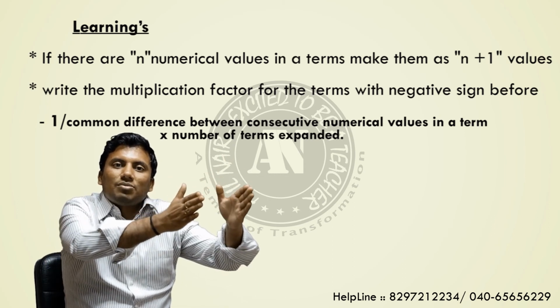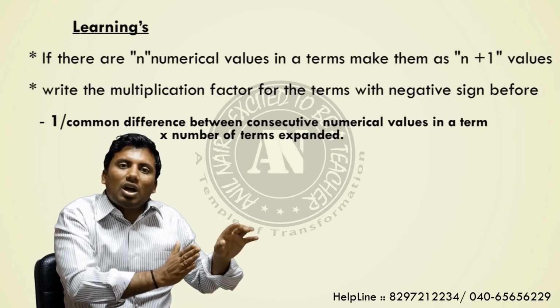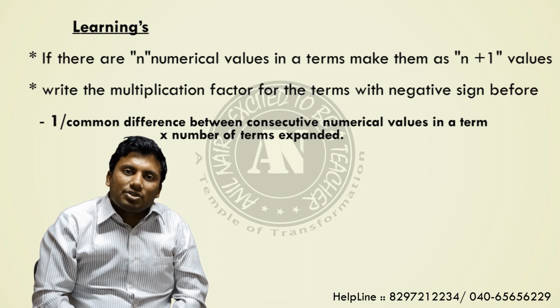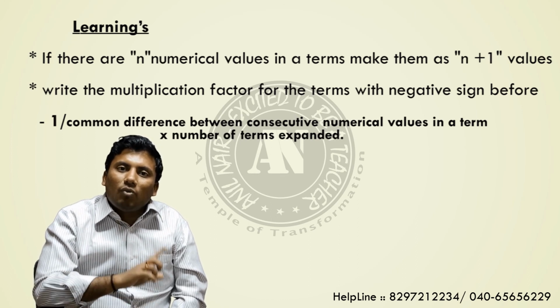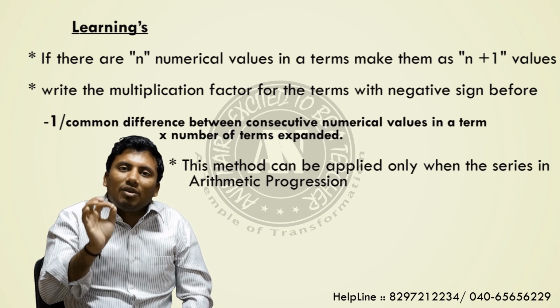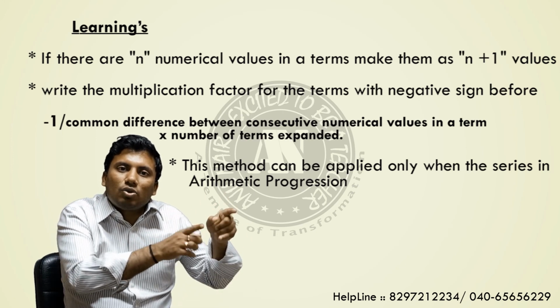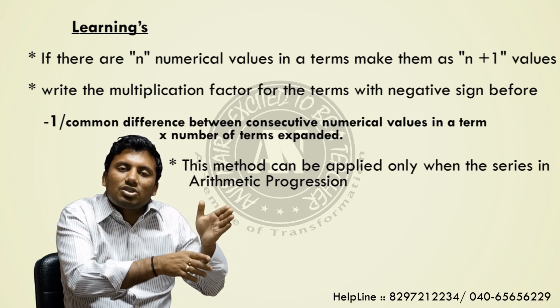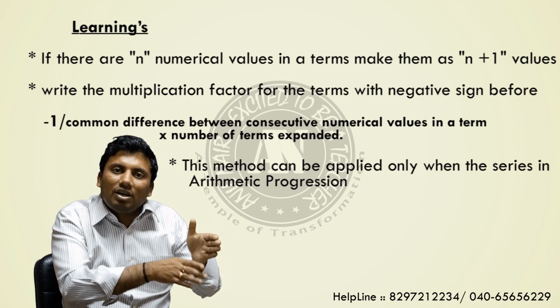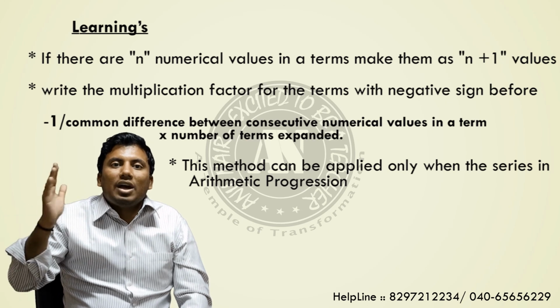If there are 3 terms in the question, answer 1 by it will be 4 into common difference between consecutive terms. This will work only when the difference between the numerical values in a term is constant. And if there are 3 terms, the last 2 numerical values in term 1 will get repeated as the first 2 numerical values in term 2, and so on.